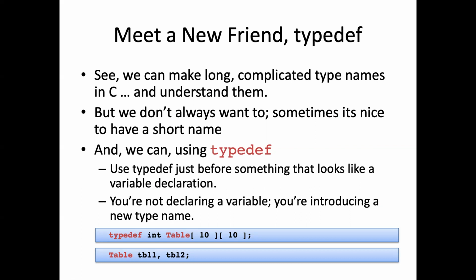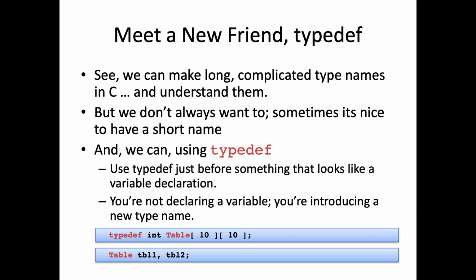And it takes a lot to say those types. And it's irritating if you have to say them over and over again. Typedef is a way of giving a short name to an arbitrarily complicated type. So you don't have to say that type over and over again.